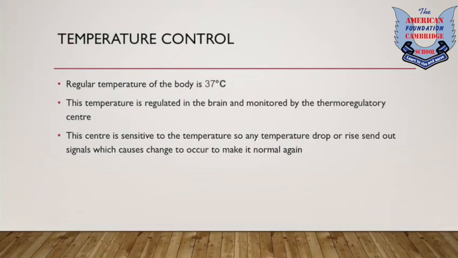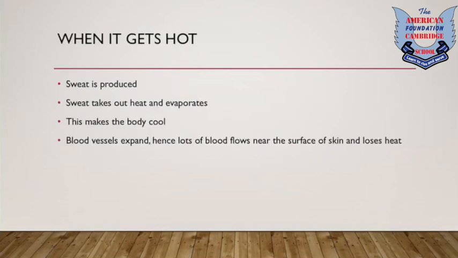The nerve impulses carry the signals to the brain. They let the brain know that there has been a rise or a drop in temperature, and that the body needs to act accordingly. That's what happens because of the hormones and because of this system, the thermoregulatory center present in the brain.